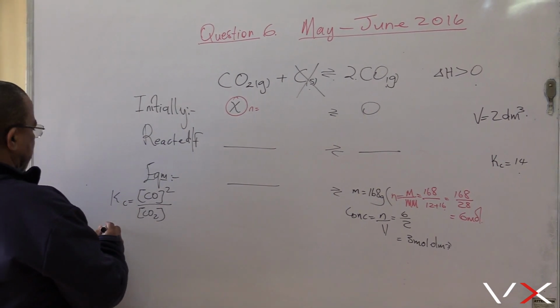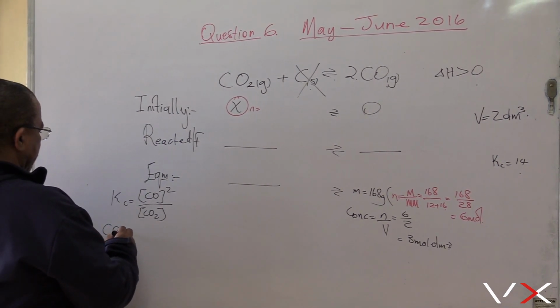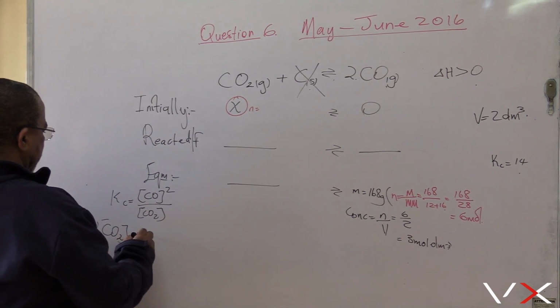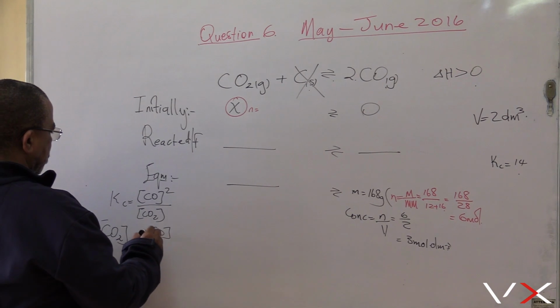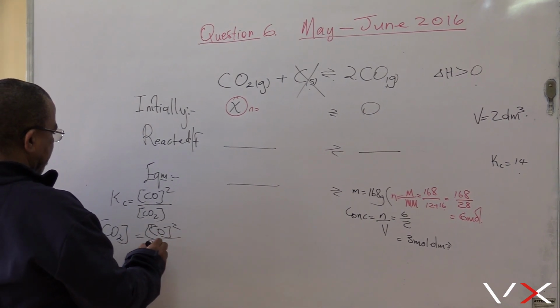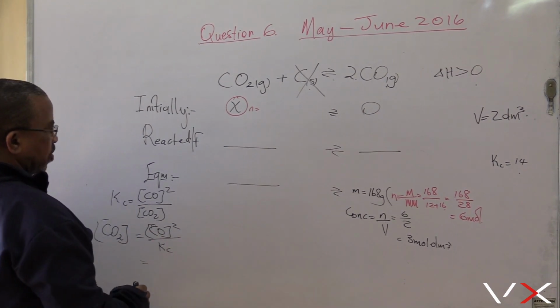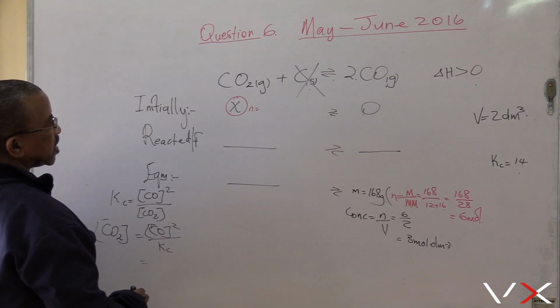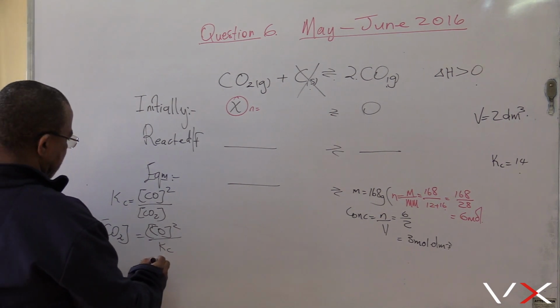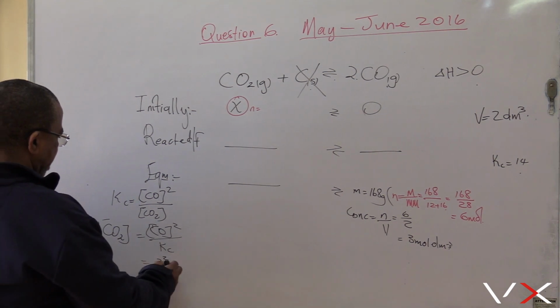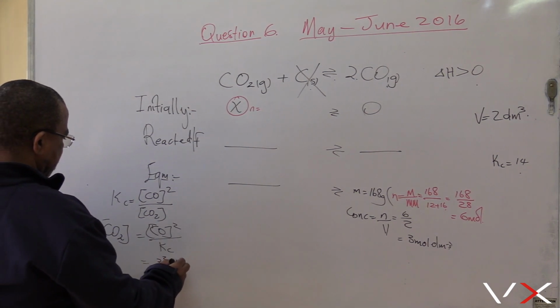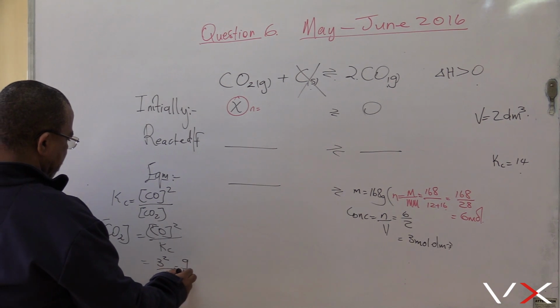Now, what is concentration of CO2? Concentration of CO2 is equals to concentration of CO squared over Kc. CO concentration is 3, squared, over 14, which is 9 over 14.